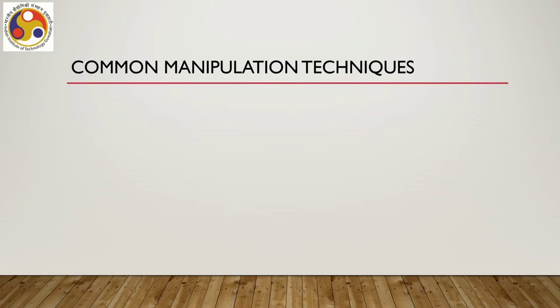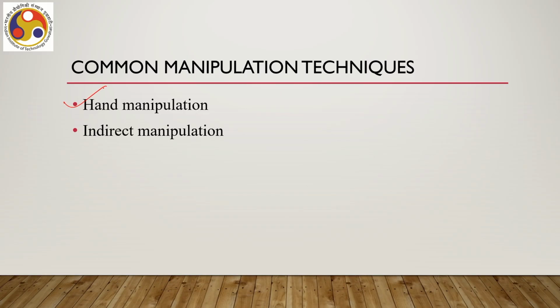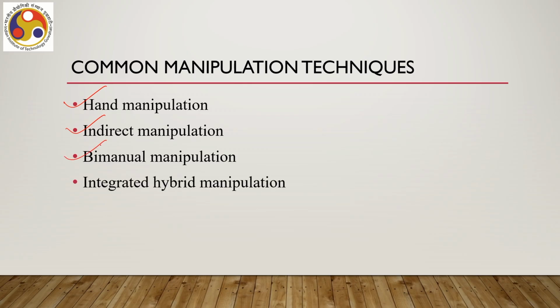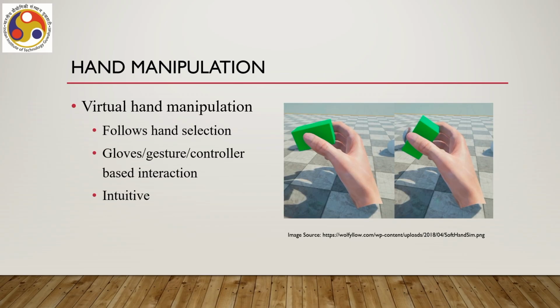Now, there are several manipulation techniques available. One is hand manipulation, like hand based selection, then indirect manipulation is there, bimanual manipulation is there, and integrated hybrid manipulation is also there. Let us start with the hand manipulation technique.